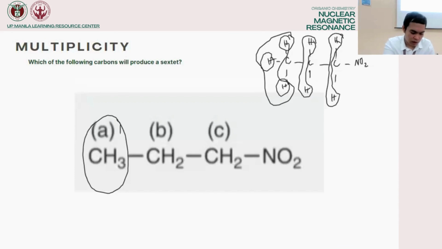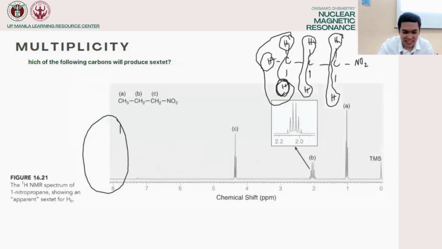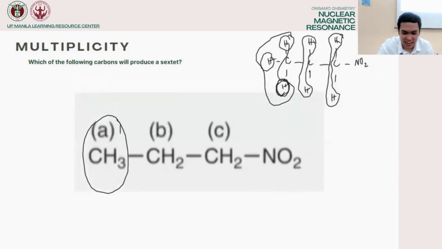Ilan ang neighboring atoms nito? Ilan neighboring atoms niya? We have what? 1, 2. Teka lang, parang mali yung figure ko.